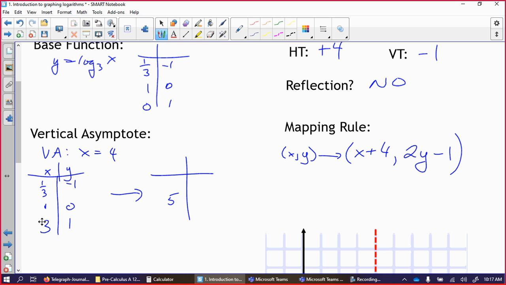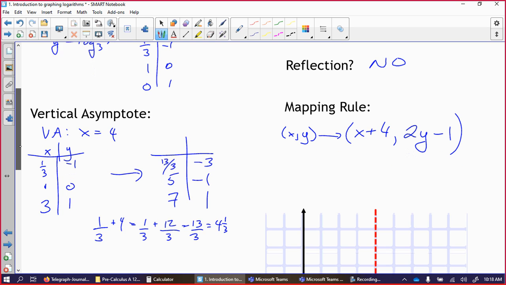That should be 3. 3 plus 4 is 7. 2 times negative 1 is negative 2, minus 1 is negative 3. 2 times 0, so that's minus 1. 2 times 1 is 2, minus 1 is 1. That gets to be a little bit, and I've been doing these kind of in my head. A third plus 4, 4 as a fraction over 3, 3 times 4 is 12. So that is 13 thirds, which is 4 and a third.